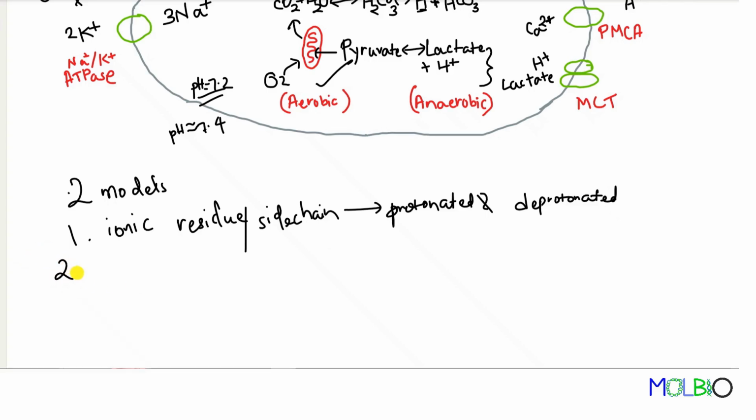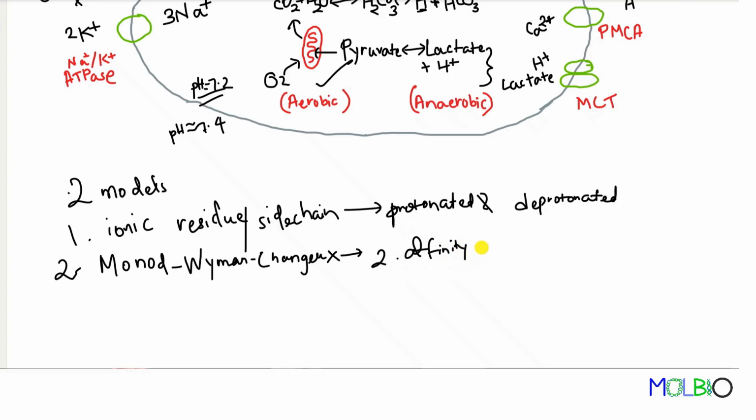But there is also another postulate which came from Monod, Wyman and Changeux. This postulate says that there are two affinity states.